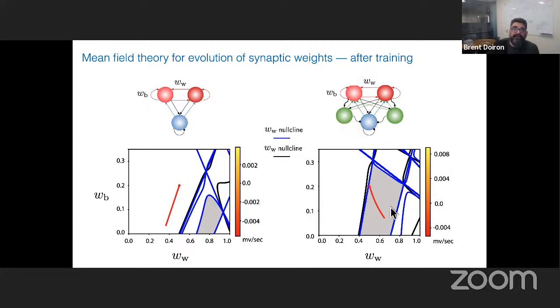So it's much, much easier to train the system to get in this gray zone. And once you're in the gray zone, then the assembly will stay around even after training. So this is what this rich diversity of inhibition is doing: it's increasing the zone where we can have stable assembly learning in this network.